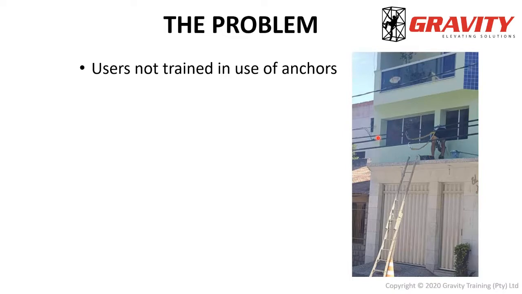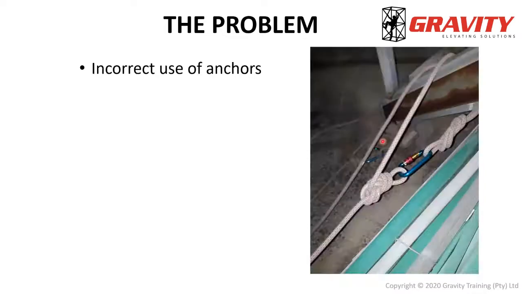So next up, we have the incorrect use of anchors. So you'll see here that the technician or whoever installed this used the correct knots, carabiners locked, carabiner seems in good condition, rope seems in good condition, but now we have the issue of this knot being pulled in the wrong direction.